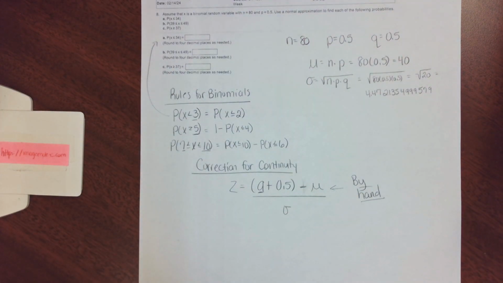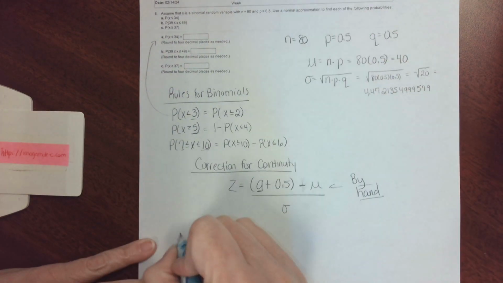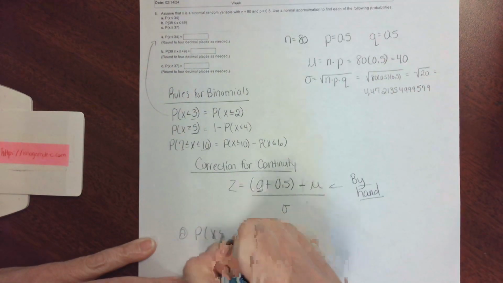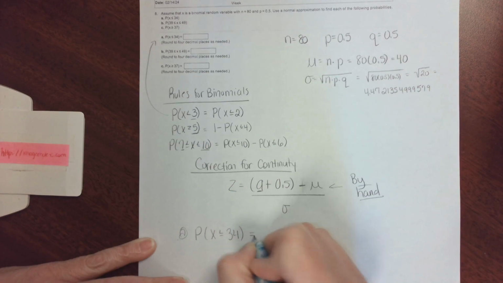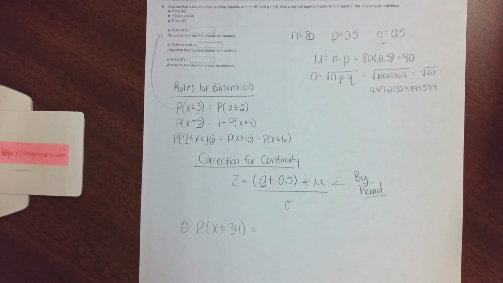But since we are using StatCrunch, we're just going to go ahead and look at this first part, which is the probability that x is less than equal to 34.